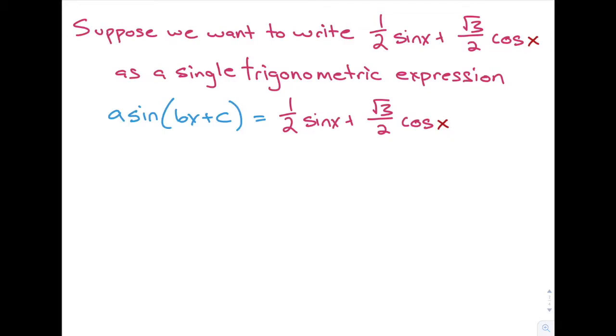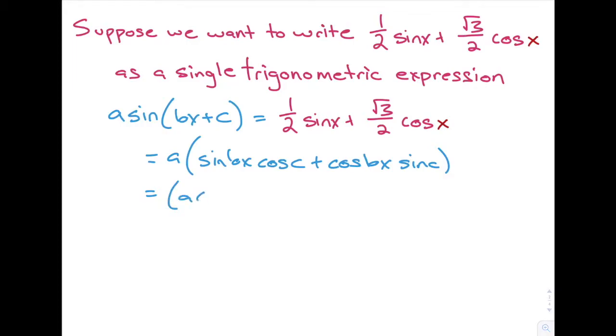If we use the sine addition formula on what we're trying to end up with, a sine bx plus c, we could say we have a times sine bx cosine c plus cosine bx sine c. Rearrange a little bit just to make sure that we've got our x's and our constants in the places we need them.